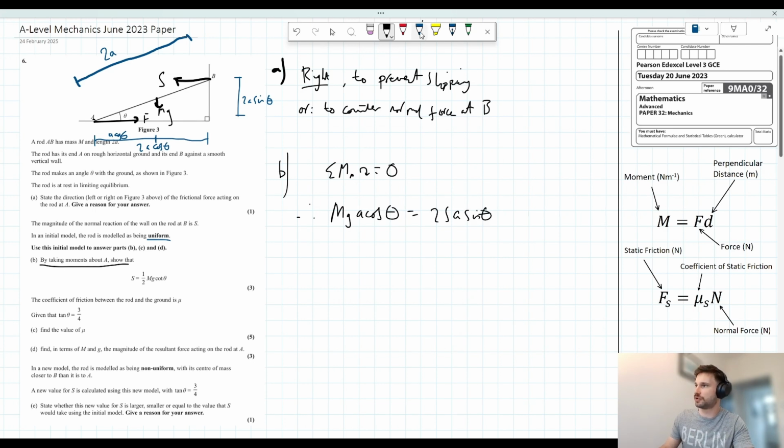One thing that we can immediately notice about this is that you've got an a on both sides. We can divide through. We're looking for S here, so let's rearrange for S by dividing both sides by 2 sine theta. Therefore, S is equal to a half cos theta over sine theta mg. Therefore, S is equal to a half cot theta mg. Awesome.